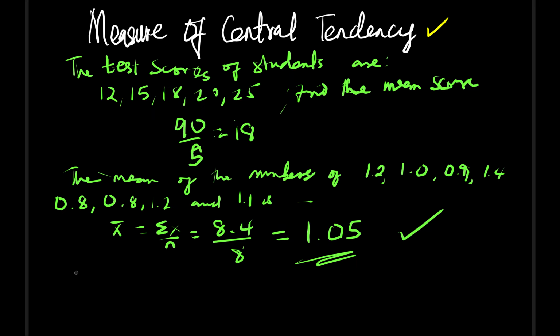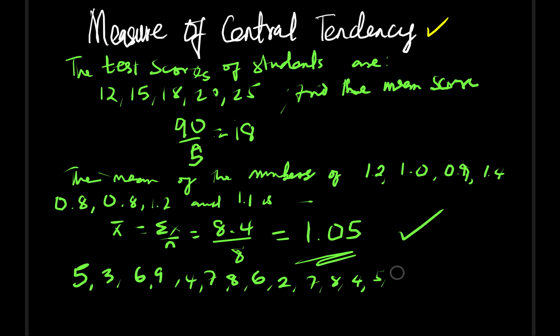They say marks scored by some children in an arithmetic test are: 5, 3, 6, 9, 4, 7, 8, 6, 2, 7, 8, 4, 5, 2, 1, 0, 6, 9, 0, and 8.